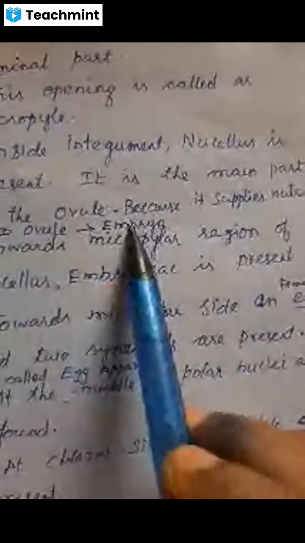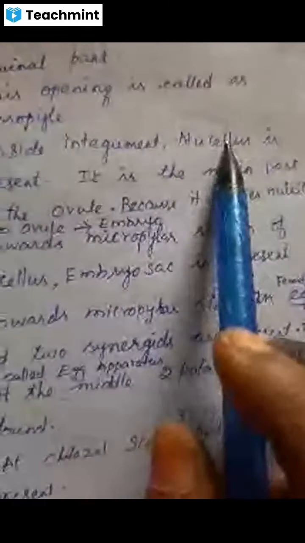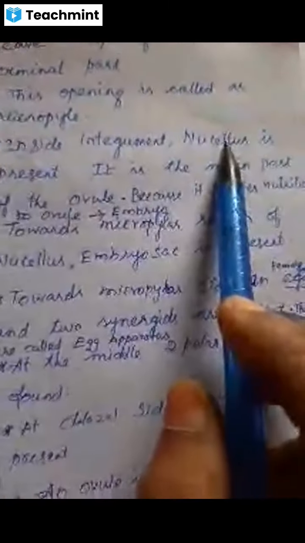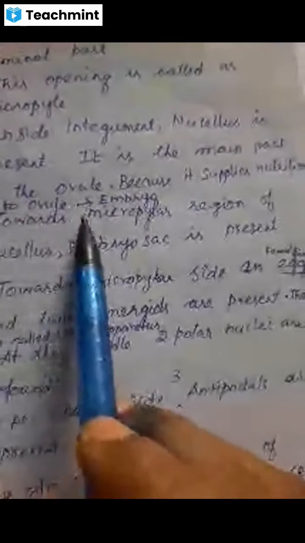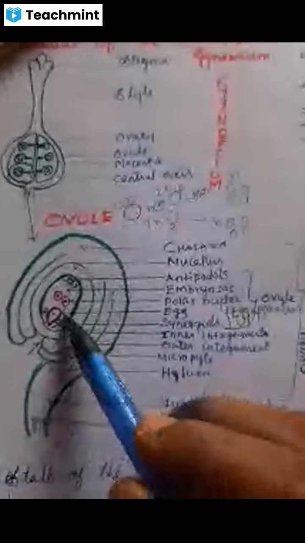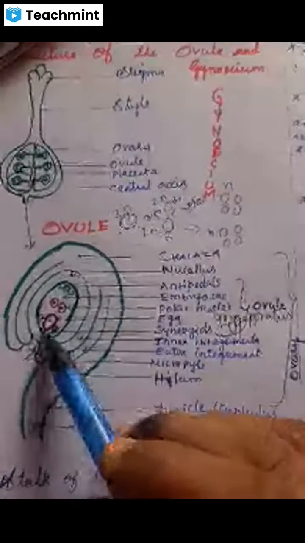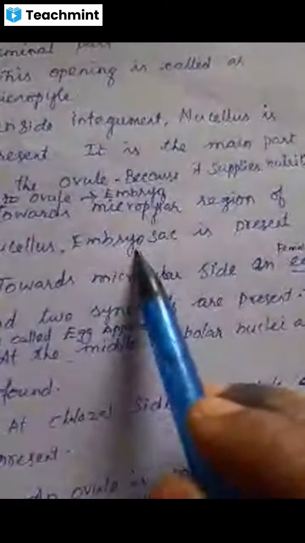By this time, they are nourished by the food stored in the nucellus. Towards the micropylar region of the nucellus, there is the embryo sac.